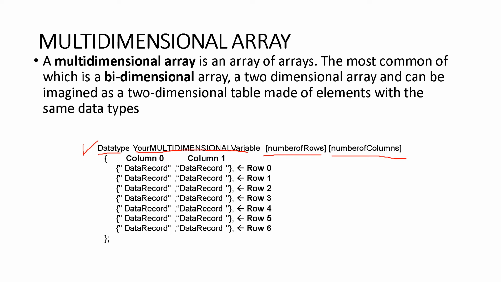You can see here there are a lot of data records, and it has two columns, column 0 and column 1, and it has 6 rows, row 0, 1, 2, 3, 4, 5, followed by the semicolon on the last part of this multidimensional array.